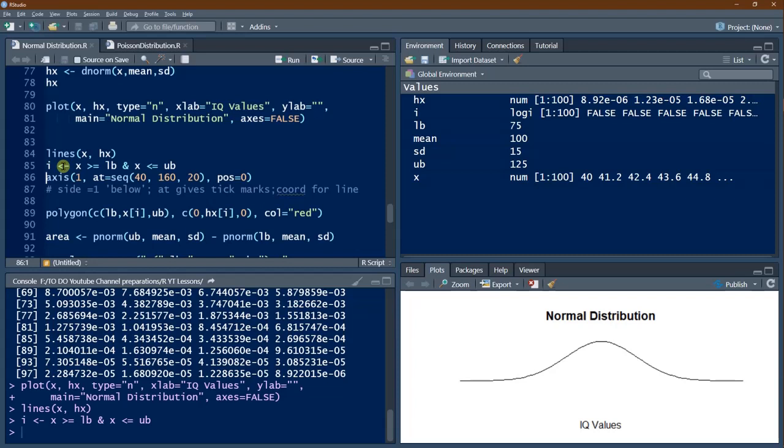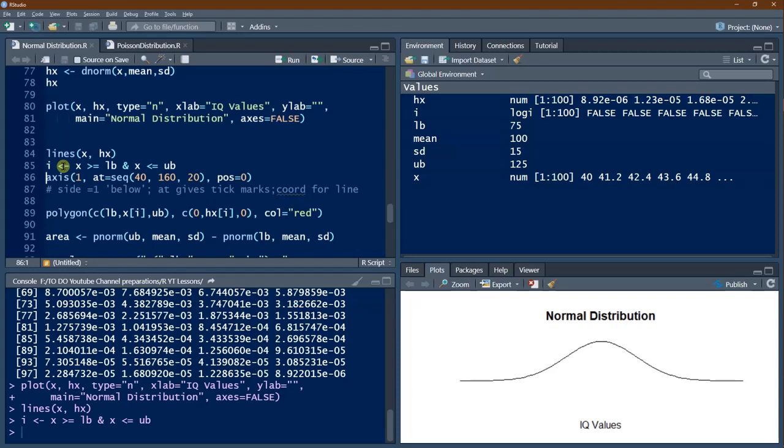The x values we have defined earlier using sequence. Those points will be compared, and then those points which lie between LB and UB, that only will be stored in I, basically as logical values. Now once they are logical values, then you can use them in the index and get the actual point. This you have to understand.